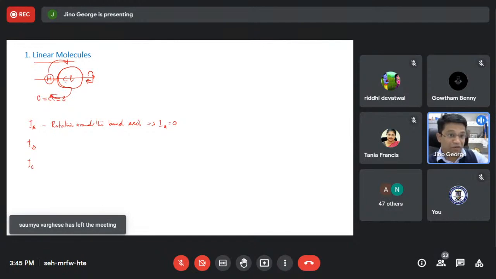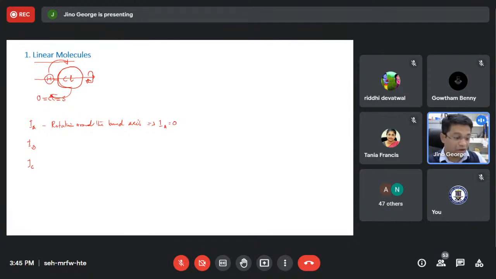Somebody stop me if you want to know more or want to ask me something. So this is IB. This is actually end over end rotation in the plane of the screen.